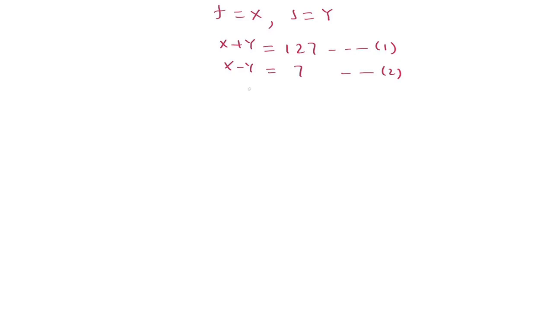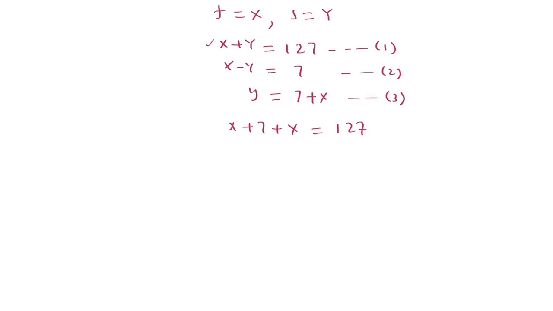Then our equation will be y equals to 7 plus x. So let us call this as equation number 3. Okay, so next, let us now substitute equation number 3 into equation number 1. Then equation number 1 will be x plus 7 plus x equals to 127.